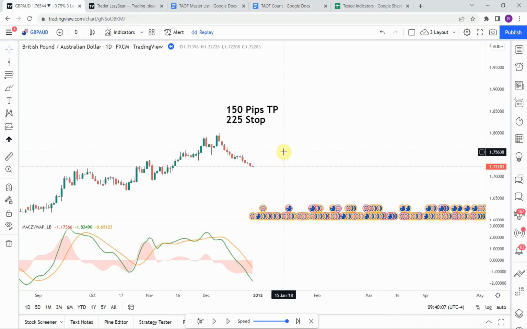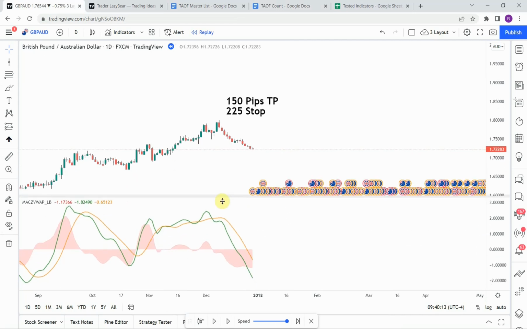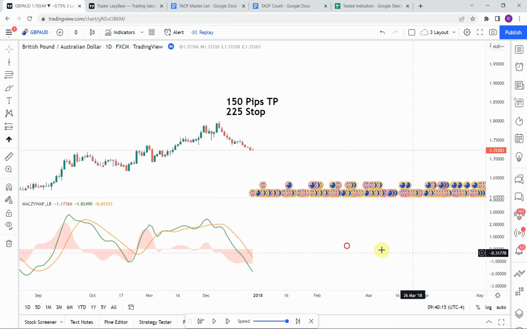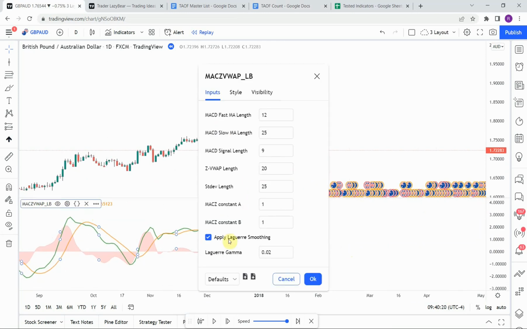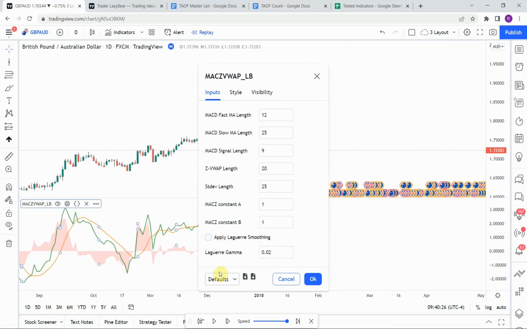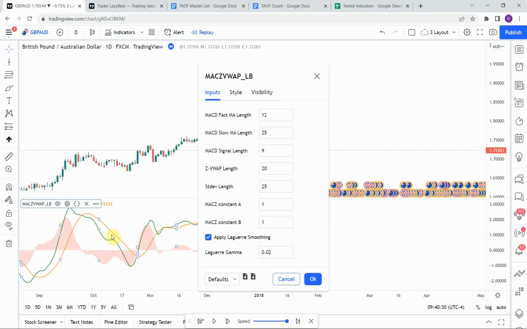Okay, so today's indicator is the MacZ VWAP indicator, and you can see it here on the bottom of the screen. I did make one slight change to this, and so there is the ability to turn on the smoothing here, the Laguerre smoothing, and so this is what it looks like before, and this is what it looks like after.